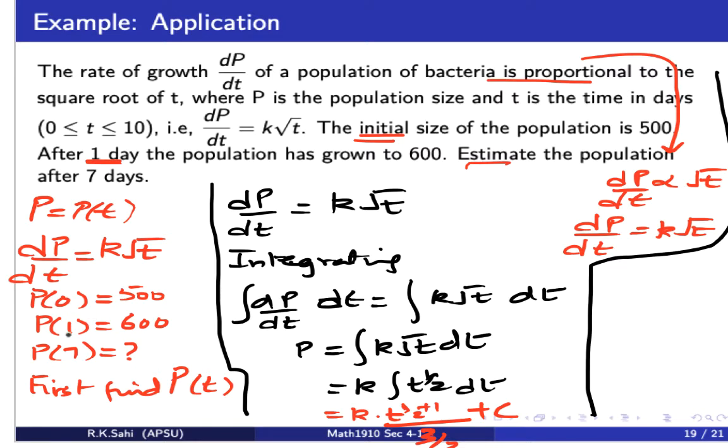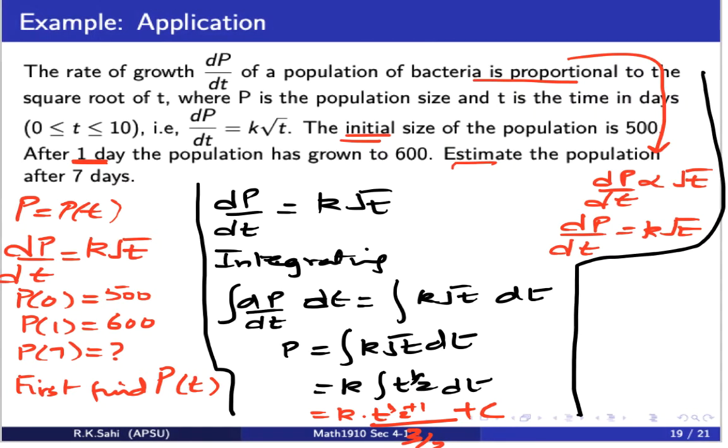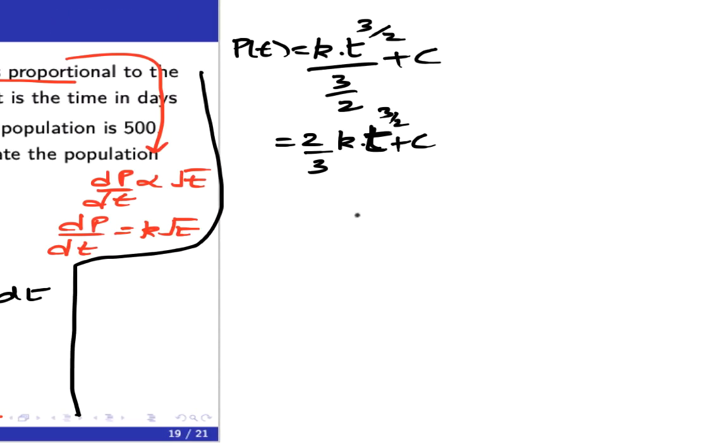So we're going to plug these values in. Once again, keep in mind, we are given that P of 0 is 500 and P of 1 is 600.